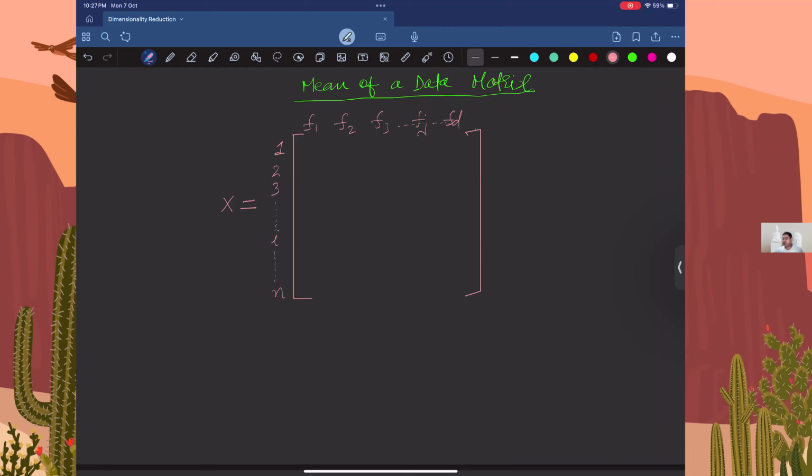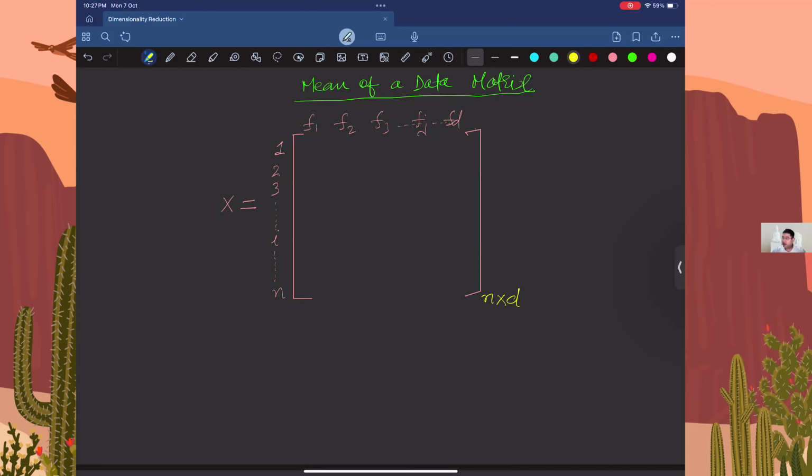Everything clear? How many rows are there inside this matrix? N. And how many columns are there? D. So this is an N cross D matrix.